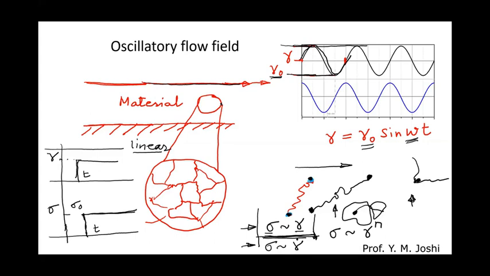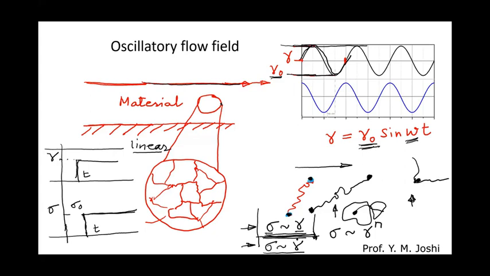However, we shall see that when the behavior is in the linear domain, when stress is proportional to strain or stress is proportional to strain rate, the characteristic features of the material, or I should say the response functions or properties of the material in rheological terms, become independent of the magnitude of strain.